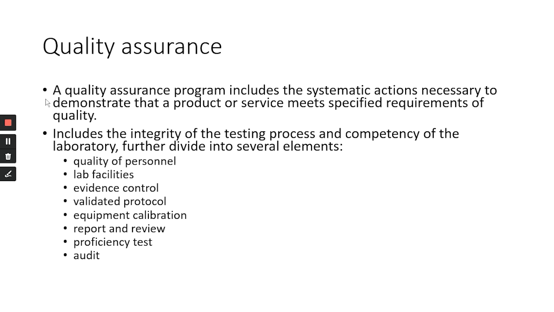But quality control is day-to-day activities. It is your practice. Quality assurance is a systematic program that we have to follow to make sure that our DNA typing is achieving some quality.